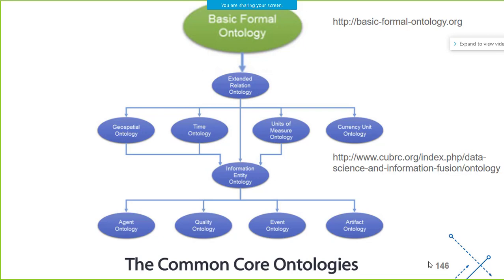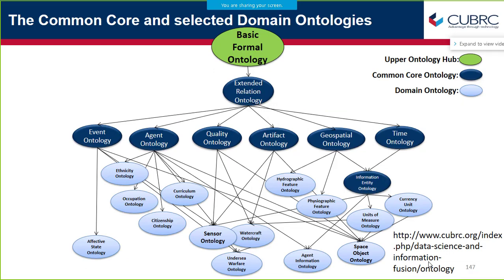And here are some of the extension ontologies. So we have a space object ontology, a units of measure ontology, a sensor ontology, an undersea warfare ontology, and so forth. And now this would be another way of viewing the Common Core ontologies, and then we could view the I/O Foundry, the industry ontologies, rather like this.